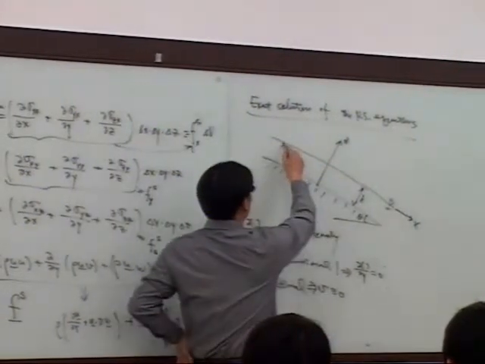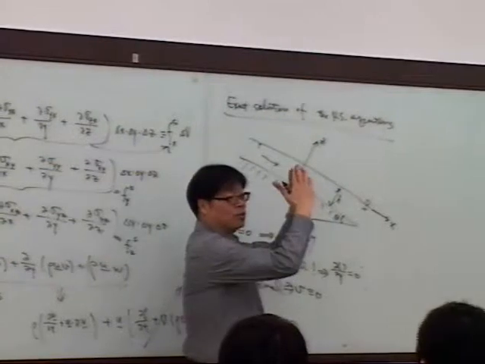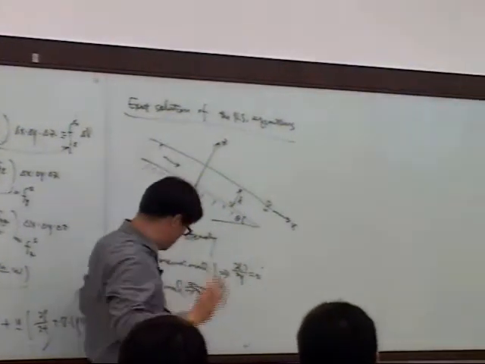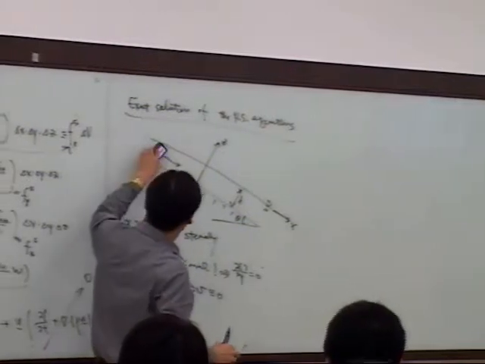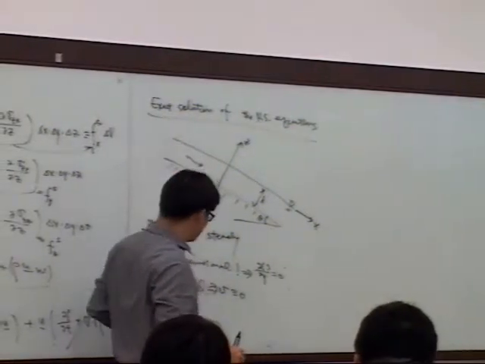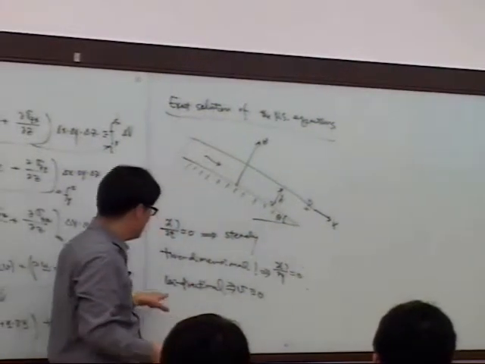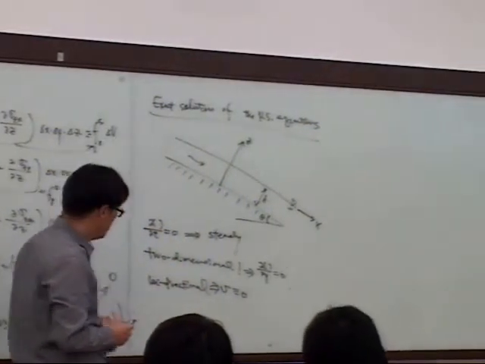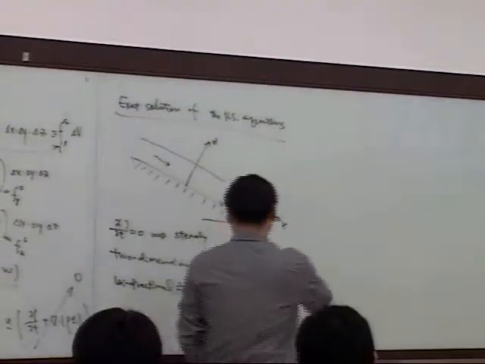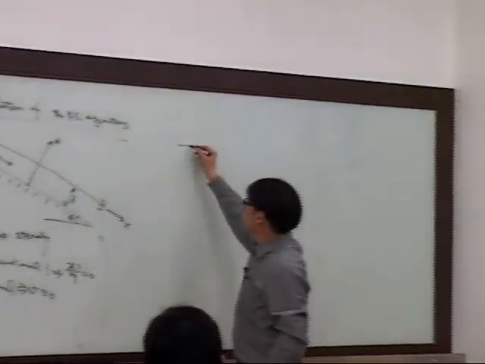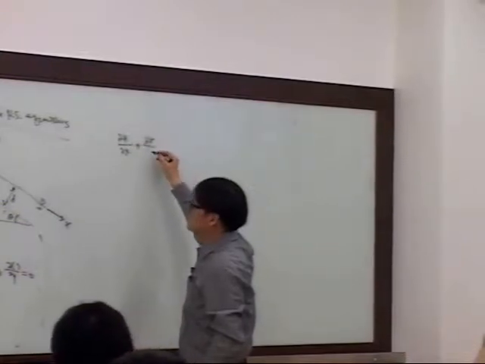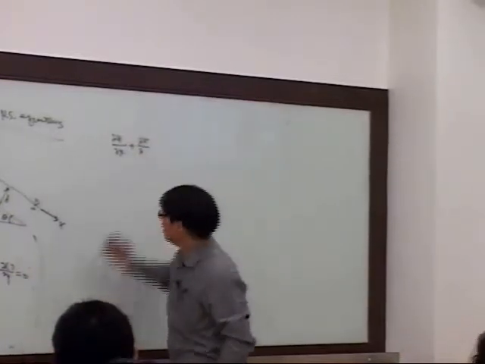Otherwise the free surface will change, and the problem is much more complicated. So to make the problem as simple as possible, I assume the flow is unidirectional.